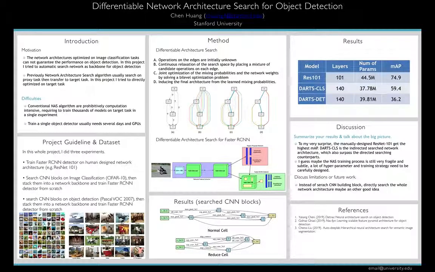I call this second way indirect NAS. The third way is to search the CNN block directly on object detection, in this case training on Pascal VOC, then stack the searched CNN building block into a network and train Faster R-CNN from scratch. So these are the three experiments I'm doing.